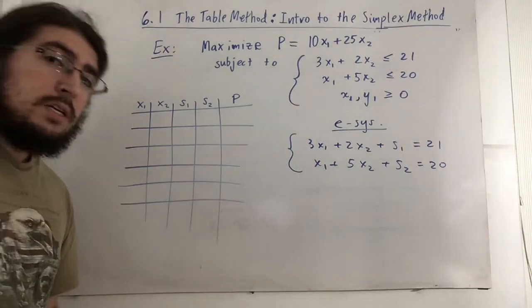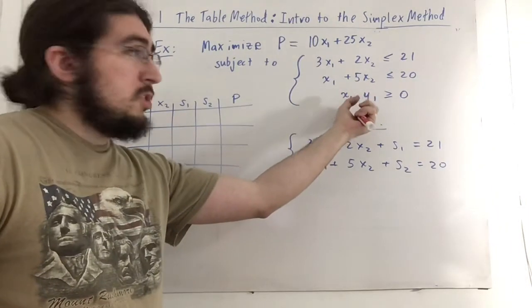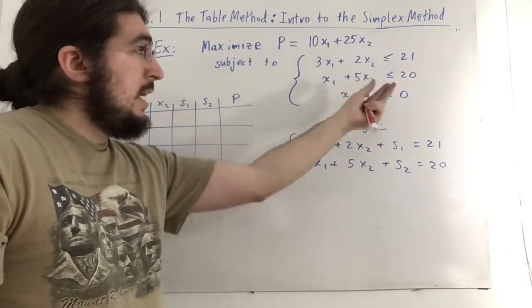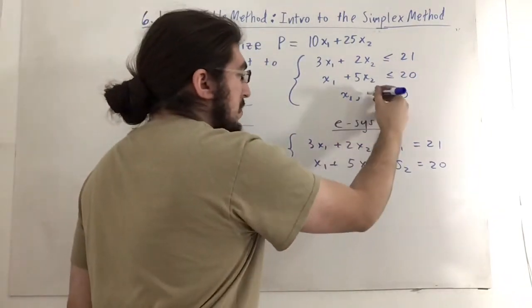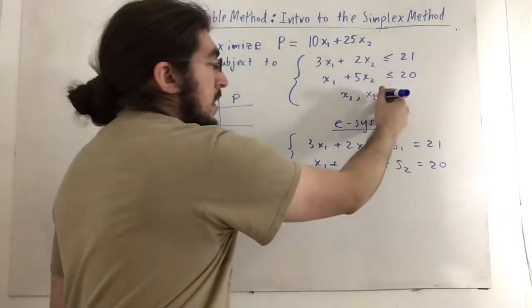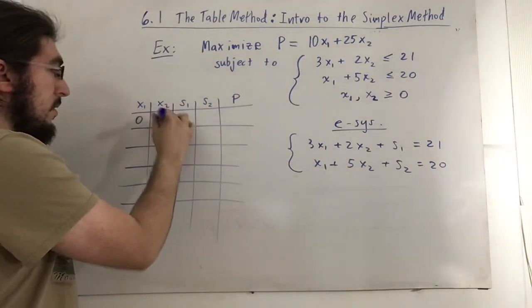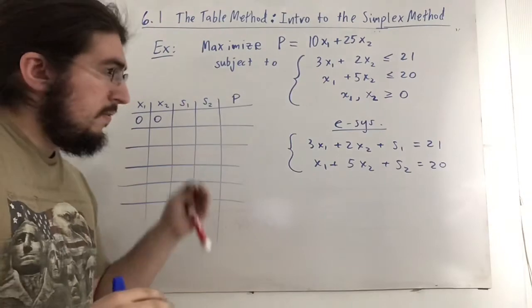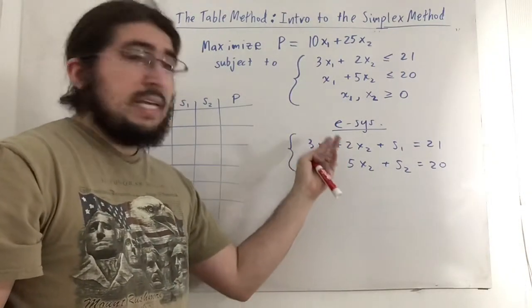Perfect. So the first thing is, since we have the non-negative constraints, it's possible for x1 and x2 to each be 0. So we have 0, 0 here. Now I'm going to find when x1 and x2 are non-zero for the first equation in our E system.